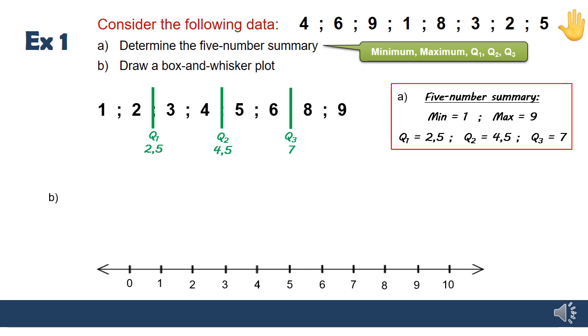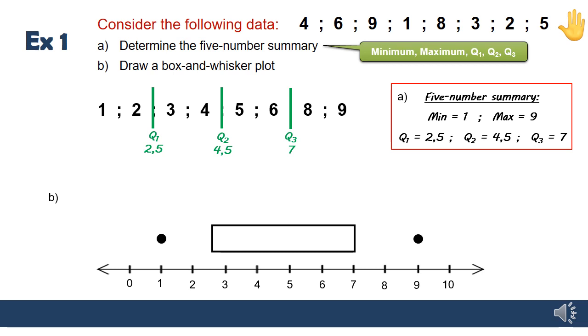Once you've got your number line, you're going to start by drawing in your min and your max values. These are going to be dots. So the minimum value is 1, the maximum value is 9. Then we're going to draw a box from quartile 1 to quartile 3. So quartile 1 was at 2.5.